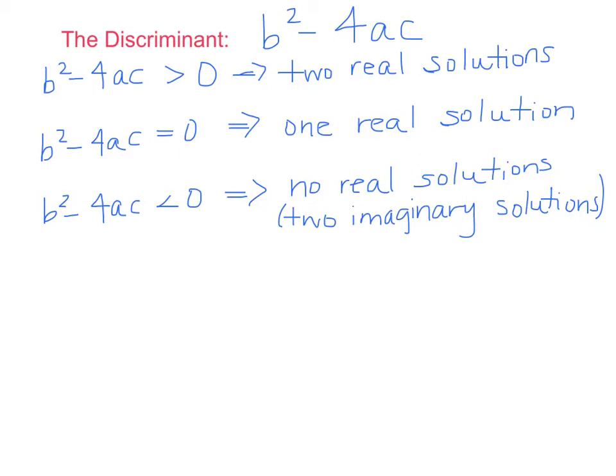And if you had to graph, that means this one would have 2 x-intercepts. This one would only have 1 x-intercept. And then this one would have no x-intercepts.